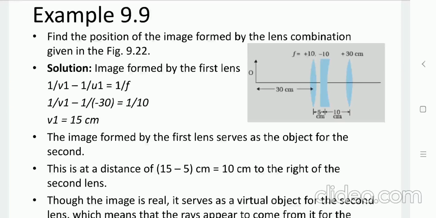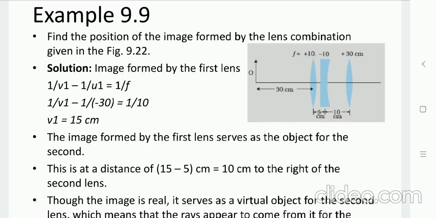So let us get the image formed by the first lens: 1 upon V1 minus 1 upon U1 equal to 1 upon F. Here F is plus 10, U1 is minus 13, and we get V1 equal to plus 15 centimeter.